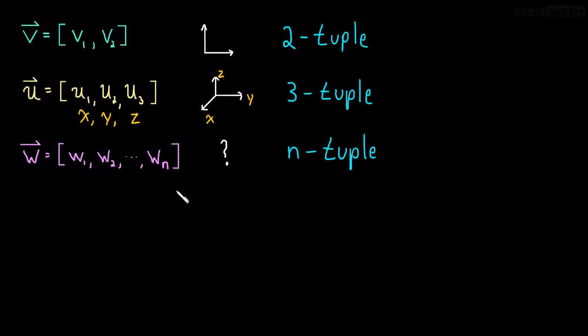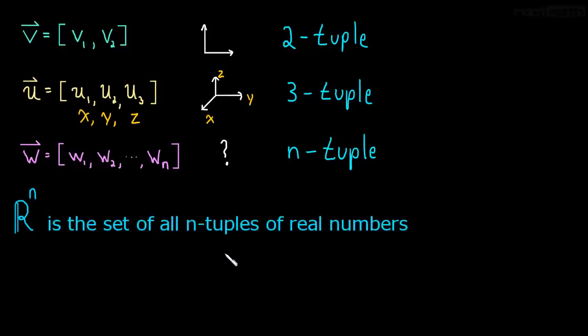Okay, now we have the tools for talking about the definition of Rn. And Rn is really just the set of all n tuples of real numbers. So, for example, if you have a vector V with 2 components, that is an element of R2.